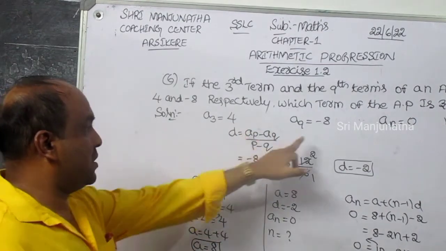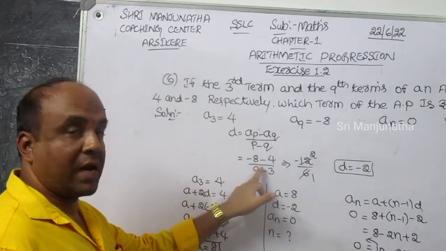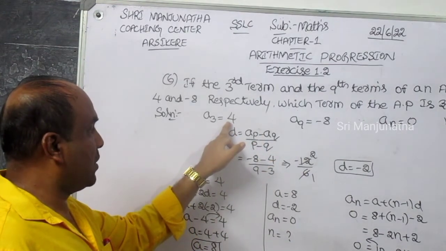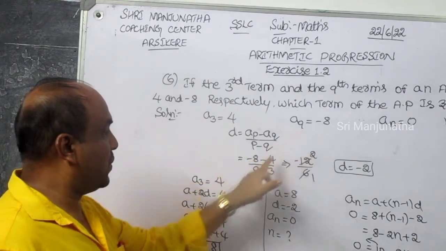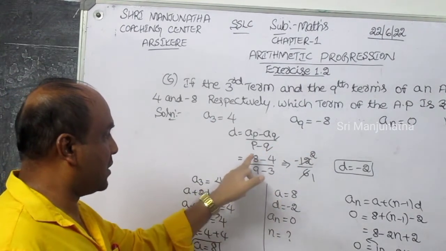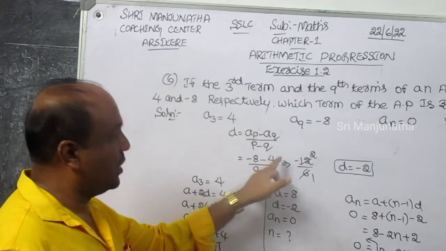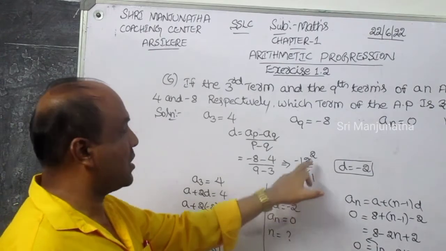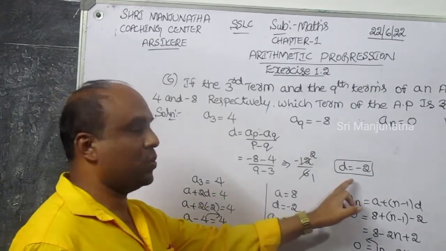The ap is given as minus 8, written similarly, minus a3, aq means 4, p value 9, q value 3, minus 8 minus 4 is minus 12 divided by 6. 6 ones are 6, 6 twos are 12. d is equal to what?